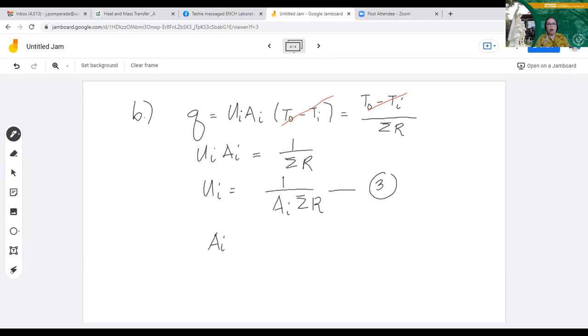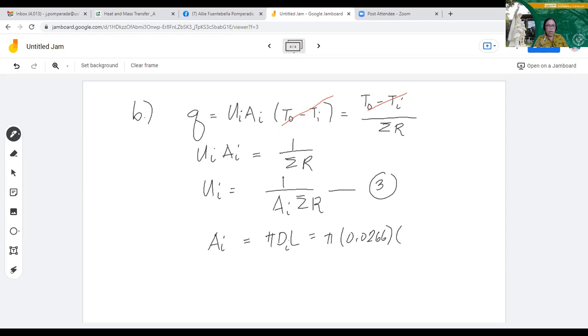The inside area of your pipe, of course, will be based on the area of that rectangle when you slice your pipe. It's a cylinder, but if you slice it on the side, what you will be forming is a rectangle. So that rectangle will have pi D L: pi D for the circumference and the length of the pipe. Specifically, we're interested only in the inside diameter. So we will substitute the values because we already know this one. We have here pi. As for the inside diameter, a while ago it was shown to you as 0.0266.